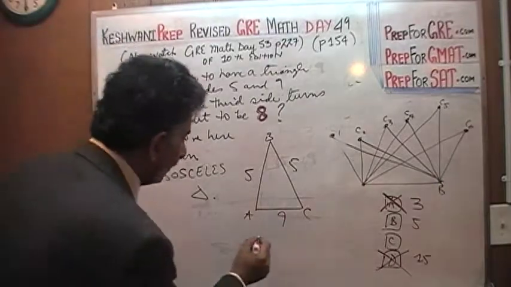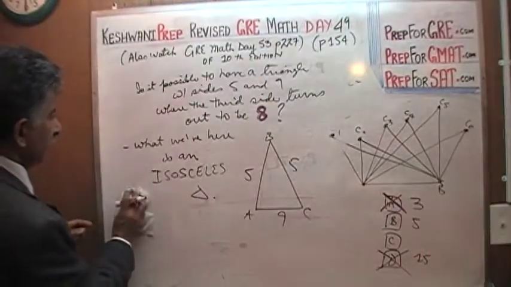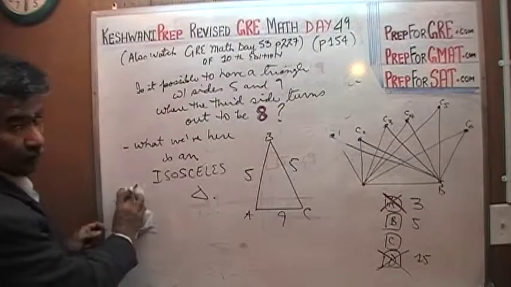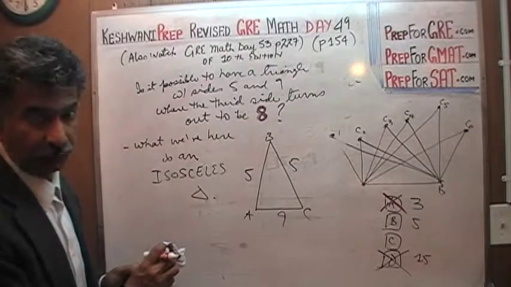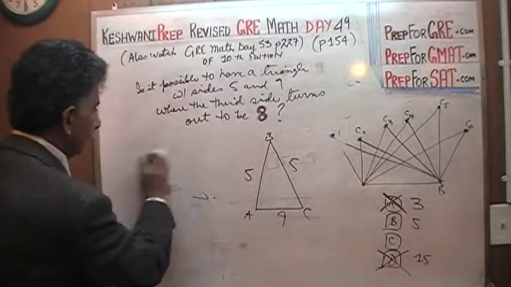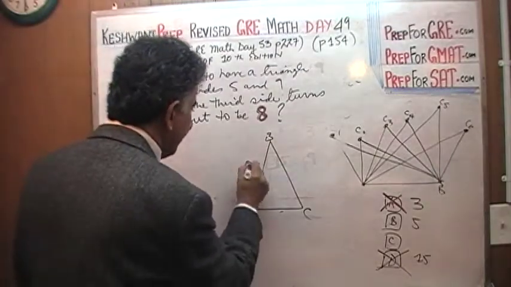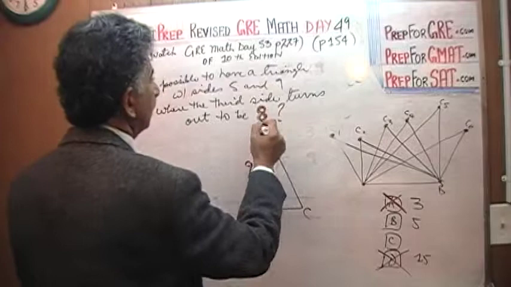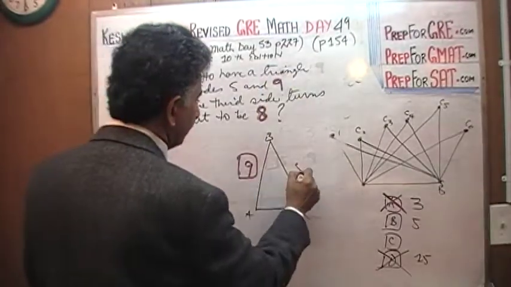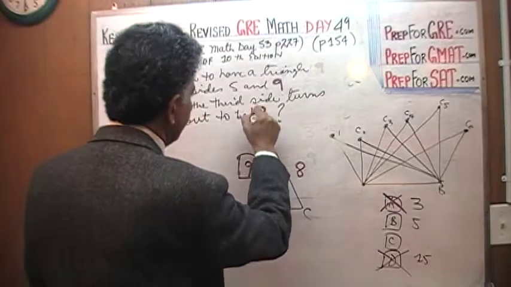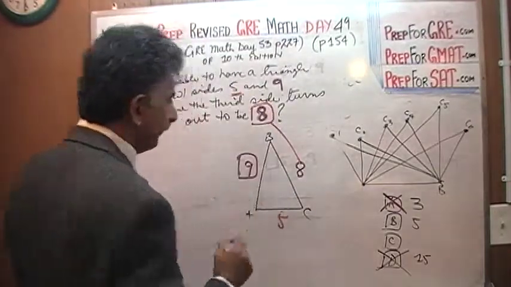It will no longer be an isosceles triangle, but it will be almost an isosceles, and I'll show you how. Something like this. This side may be 9. This side is your 8 that we saw here. And then finally this side right here is 5.